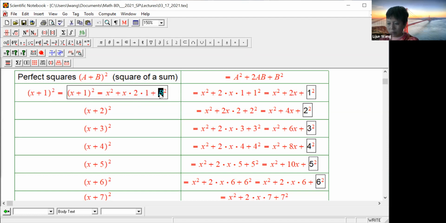Okay, B is 1. Okay, so 2 is twice of 1. Yeah, so this pattern works forever. Do you follow me? All right. So this pattern works and it works forever, provided it is a perfect square with two numbers involved. Can we move forward?